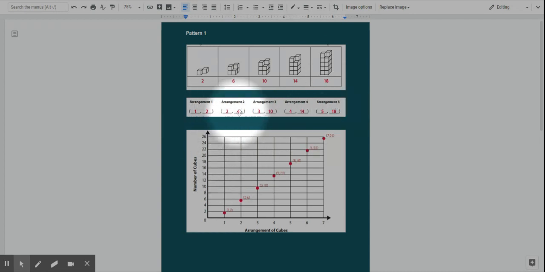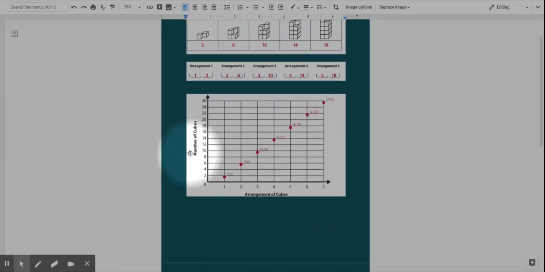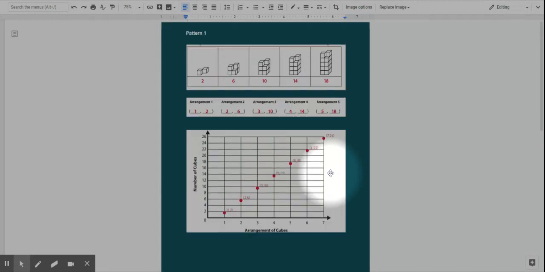If we take these ordered pairs and we were to graph them, if we take a look at our graph, we have number of cubes on this side of our graph. This is the y-axis. We have arrangement of cubes here. This is our x-axis on our graph.